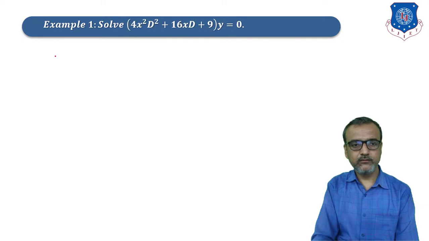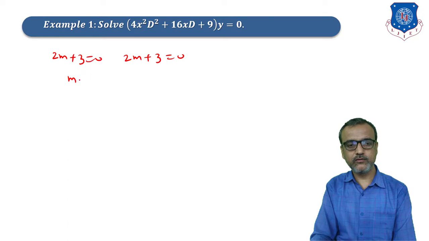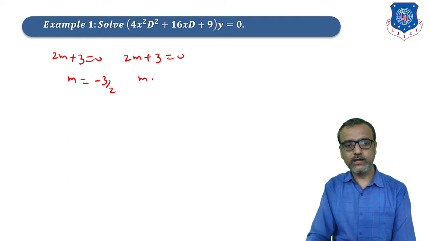So we have 2m plus 3 equals 0, 2m plus 3 equals 0. From here 2m equals minus 3, so m equals minus 3 by 2. So again we have m equals minus 3 by 2.